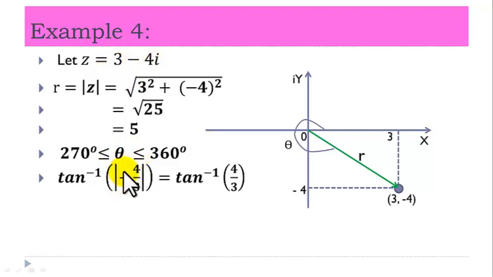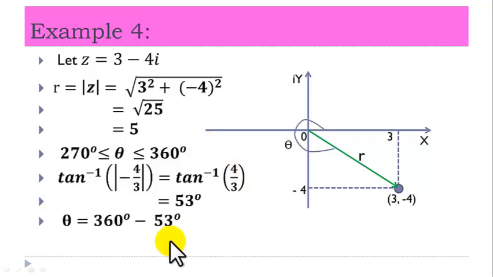The absolute value of minus 4 over 3 is 4 over 3. So this will give us arctan 4 over 3, which is approximately equal to 53 degrees. Therefore, to obtain theta, which is in the fourth quadrant, we have to subtract it from 360. So theta is equal to 360 degrees minus 53 degrees, and this is equal to 307 degrees.